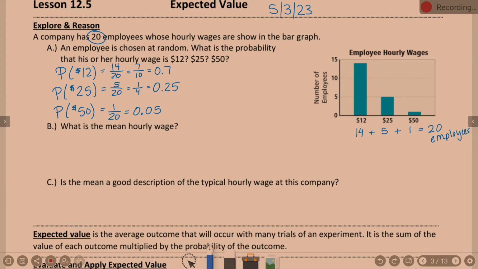B, what is the mean hourly wage? Thoughts on the mean hourly wage?